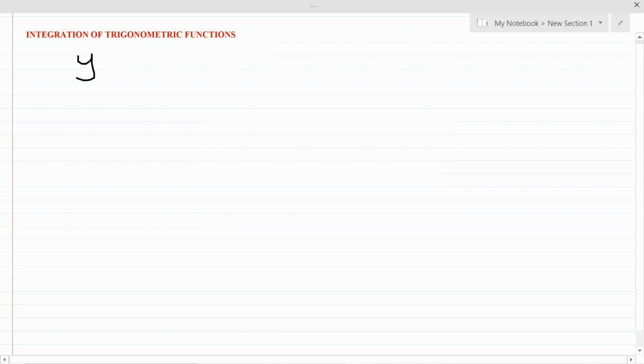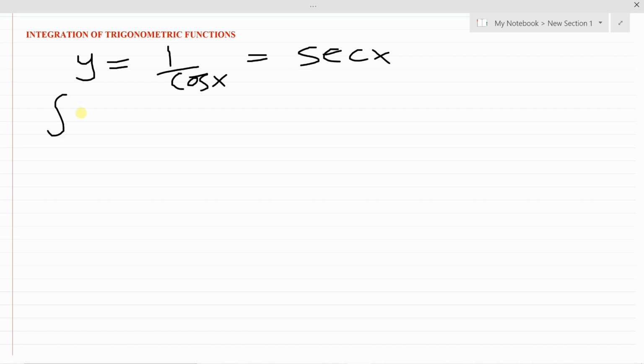So if I have y equals 1 over cos x, which is the same as sec x, what will be the integral of this? So we're coming to do the integral of sec x dx.